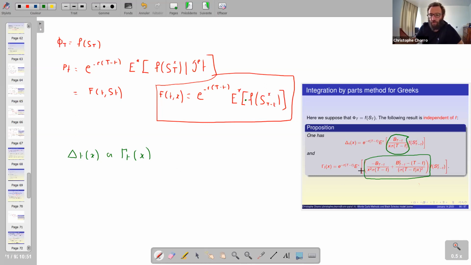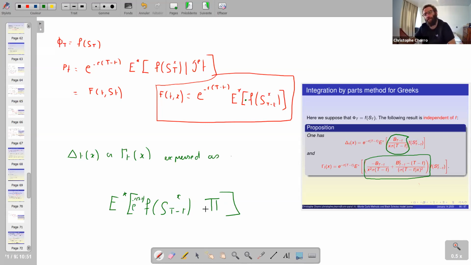Using this proposition, they are expressed as the expectation under P star of f of S capital T minus t, x, multiplied by the weight that I denote by pi. I can write the exponential here if I want. This pi is given by this expression in the case of the delta and by this expression in the case of the gamma.